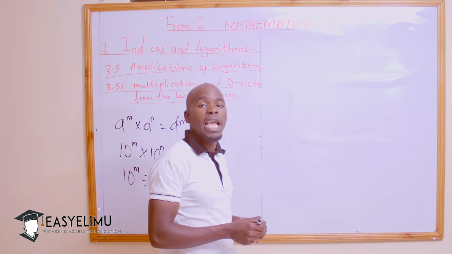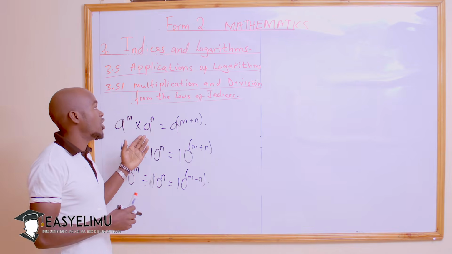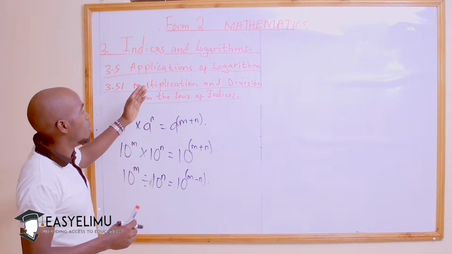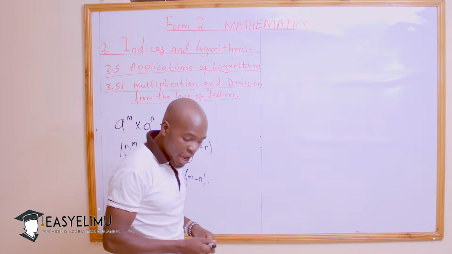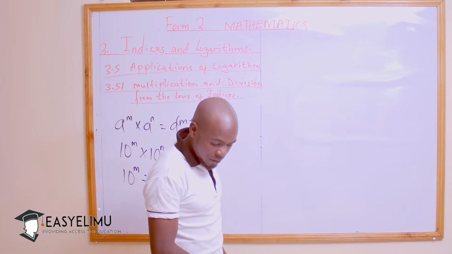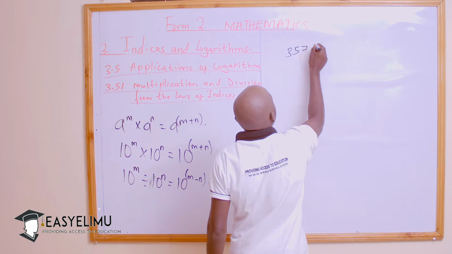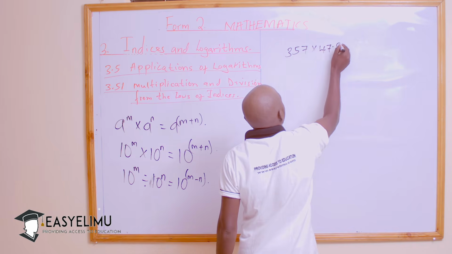Now we are going to see an application of this to multiplication and division. For example, we have 357 times 47.9.